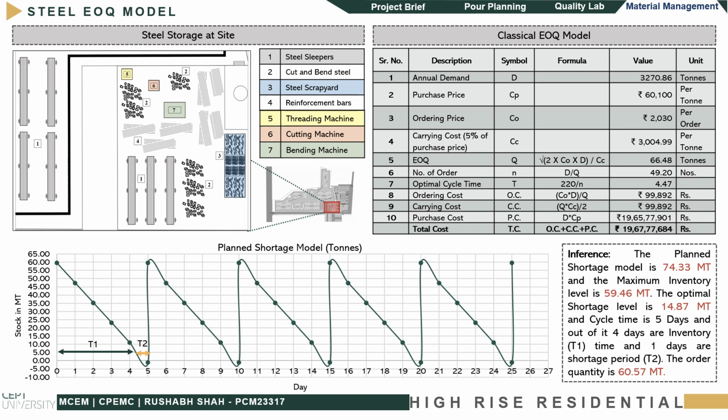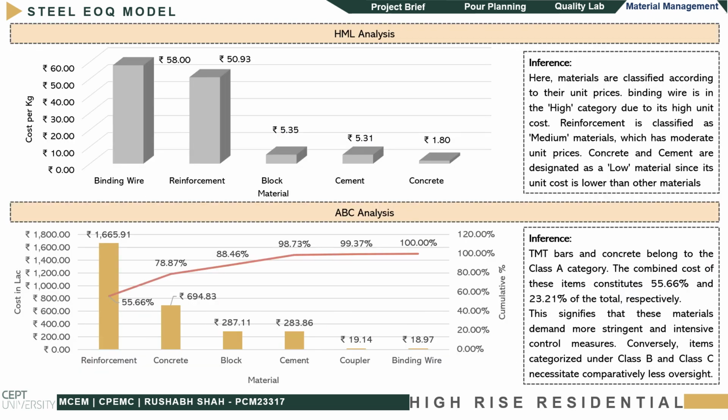The planned shortage model is 74.33 metric ton, while the maximum inventory level is 59.46 metric ton. The base shortfall level is 14.87 metric ton, with a cycle duration of 5 days, including 4 days for inventory and 1 day for shortage. The order amount is 1660.57 metric ton.